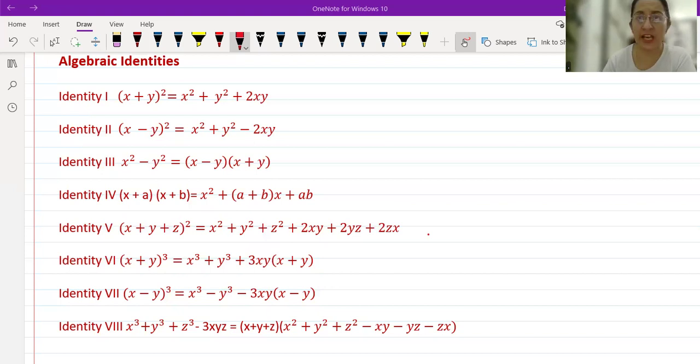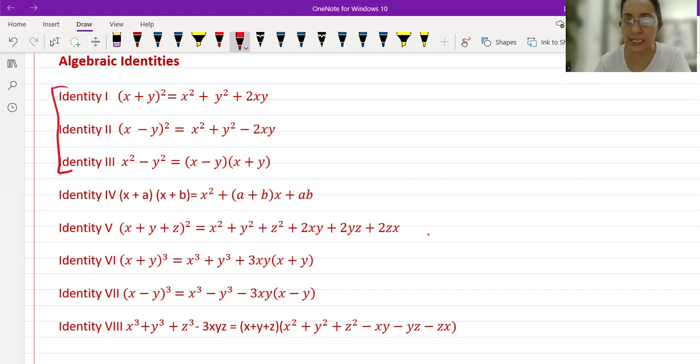The first 3 identities are the easy ones that we did in our previous classes also. The first is (x plus y) whole square, which equals x square plus y square plus 2xy. This we have used in class 8 also, and we have done a number of sums related to these 3 identities.